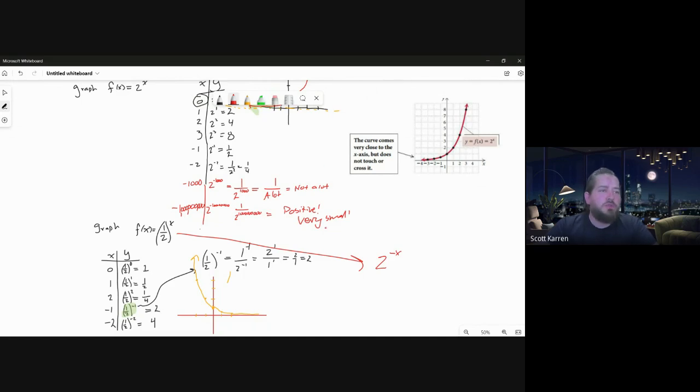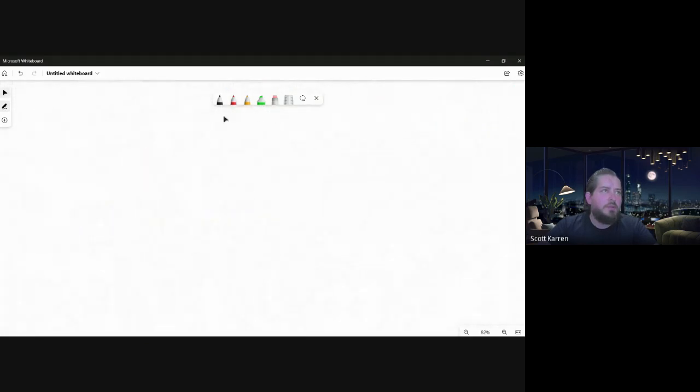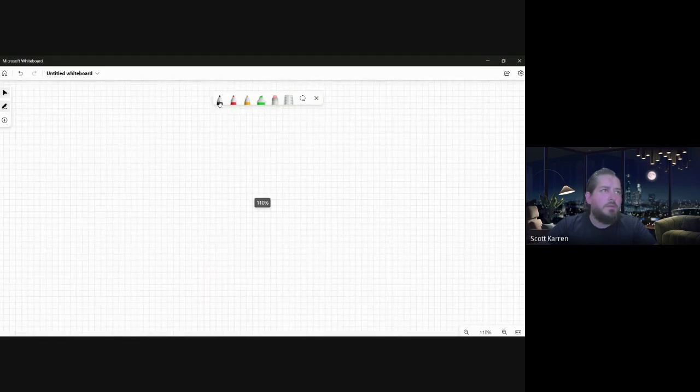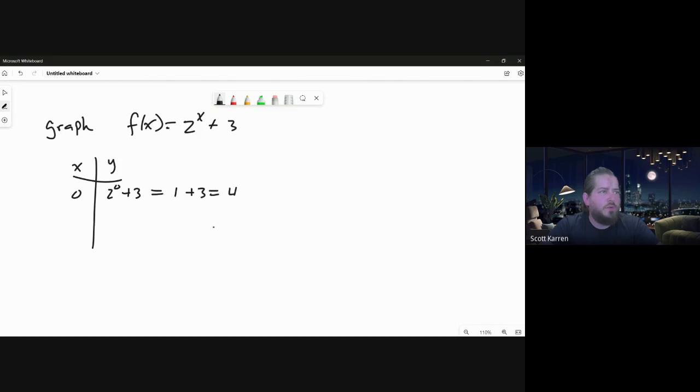We can, of course, use some of the graphing strategies that we've talked about. If I want to graph, let's say, f of x equals 2 to the x plus 3, well, if I start, I can go through and do x and y points, right? If I say x is 0, then y is 2 to the 0 plus 3. But 2 to the 0 is 1, so 1 plus 3 is 4.